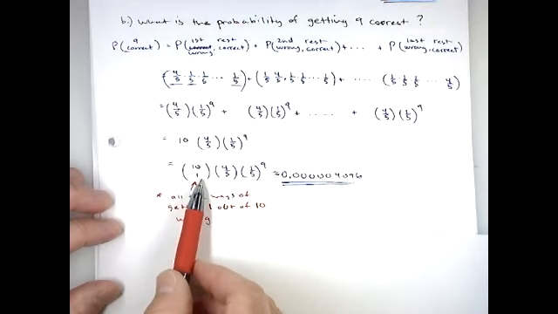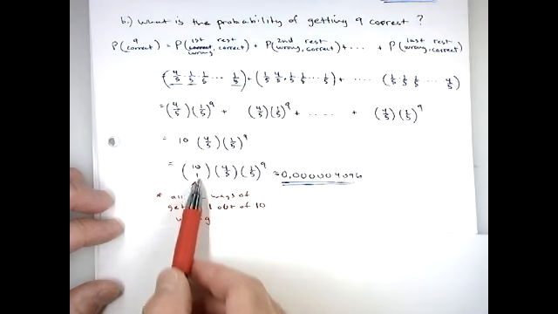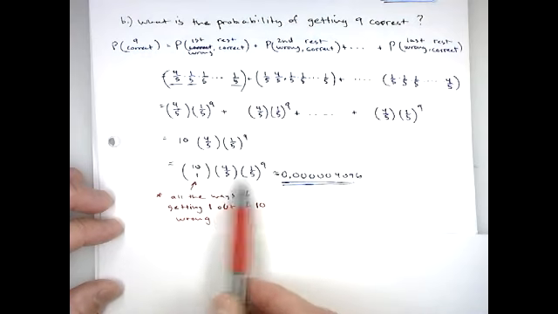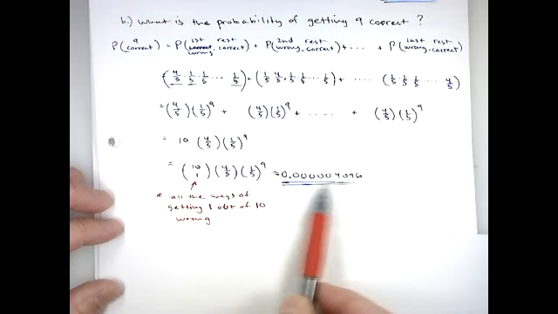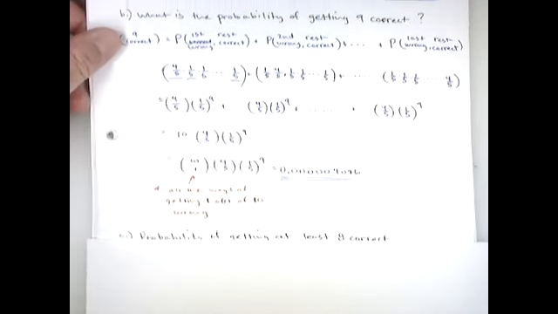Because we wanted to consider all of the ways of getting 1 question out of the 10 questions wrong, right? So it's a combination. And then they will all have a 4/5 and a 1/5 to the 9th. That is also a very low probability, albeit a little bit higher than trying to get all 10 correct.